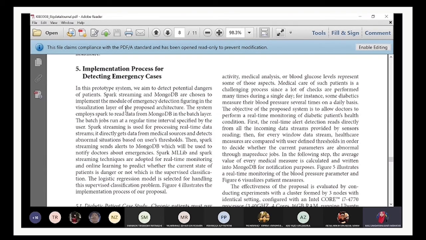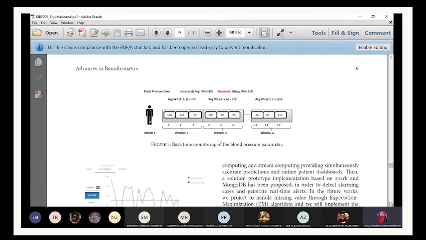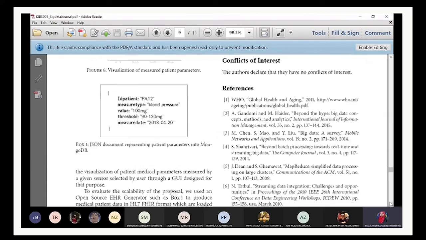So it chooses to implement the module of emergency detection, the visualization layer, and also the proposed architecture. Right, so these are all the things that are available. MongoDB is the database. Okay, the Spark streaming is the stream. You see here.